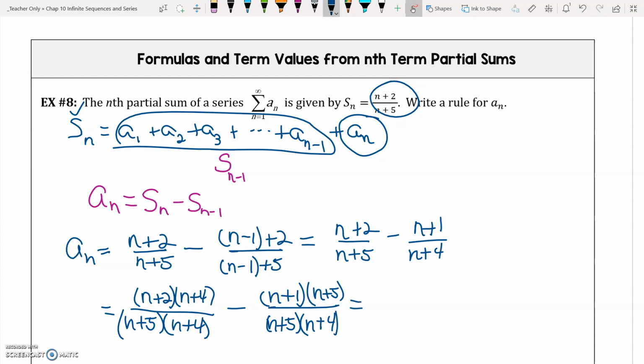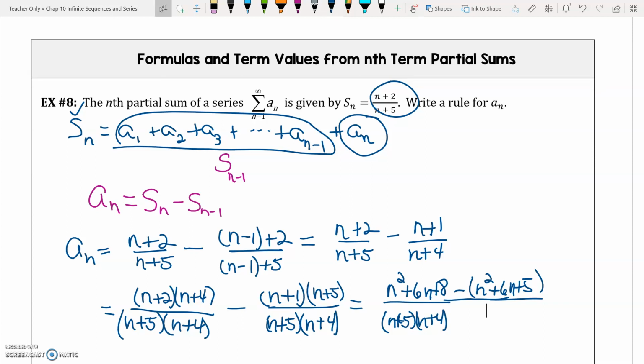So simplifying, we have n squared plus 6n plus 8 over our common denominator, (n plus 5) times (n plus 4). And I'm just going to put it in one big fraction. We're going to subtract from that n squared plus 6n plus 5.